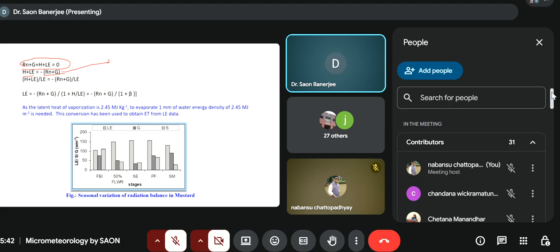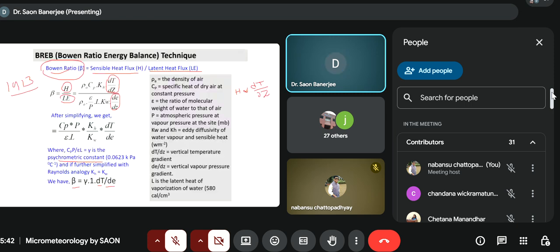We will get H by Le. What is H by Le? H by Le is nothing but our Bowen ratio, beta.